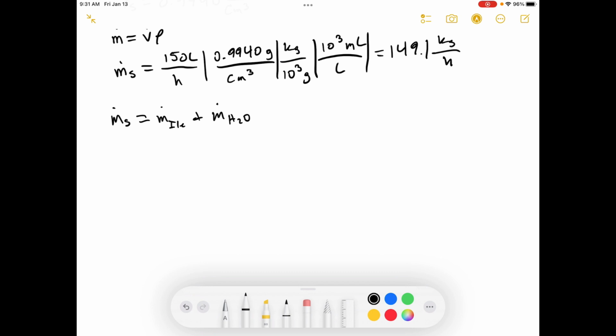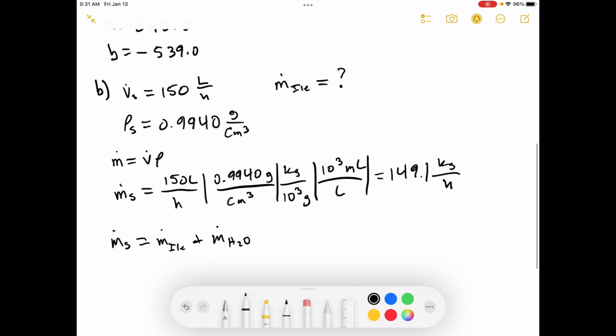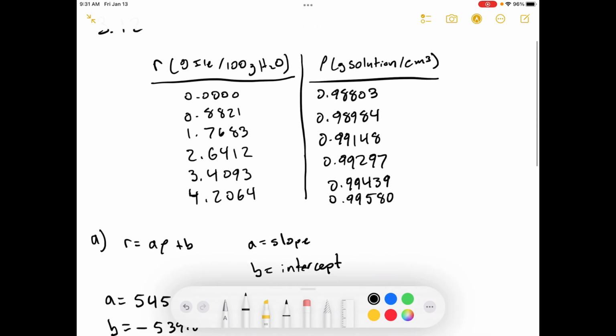And we know what R is in terms of grams of IL per 100 grams of water. So if I had 100 grams of water, I would have R grams of IL.